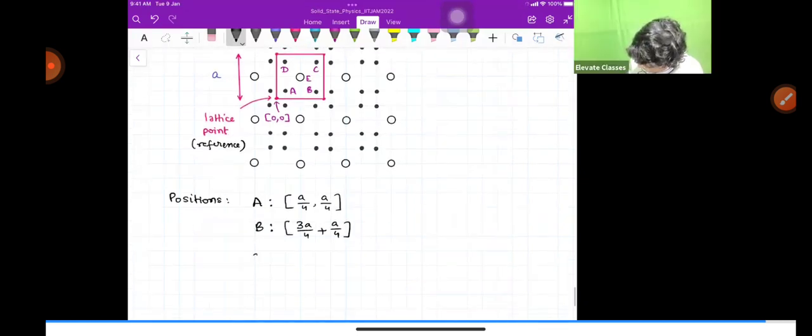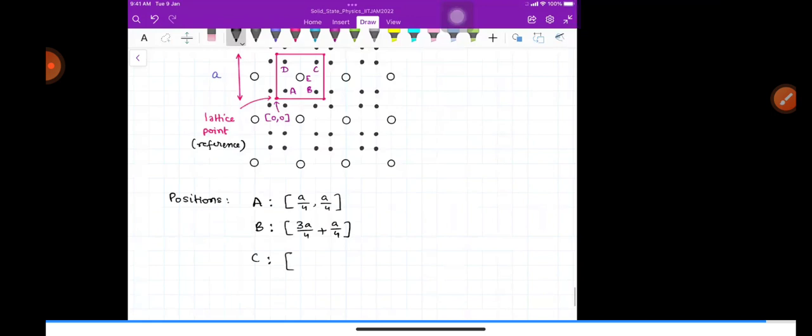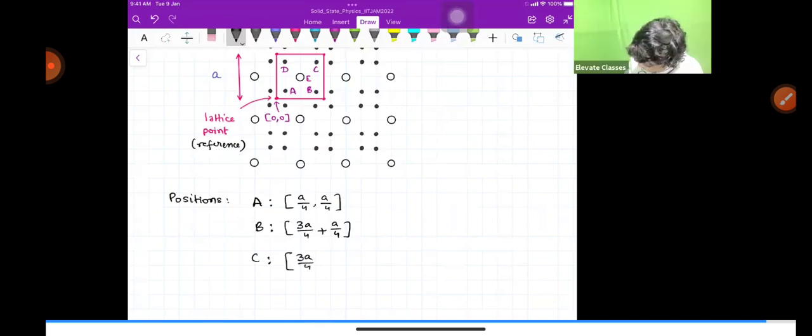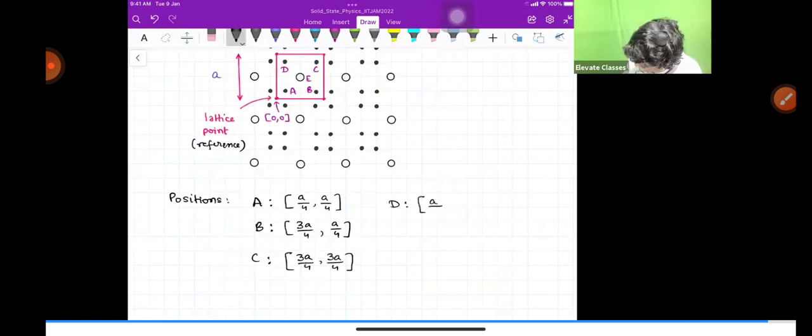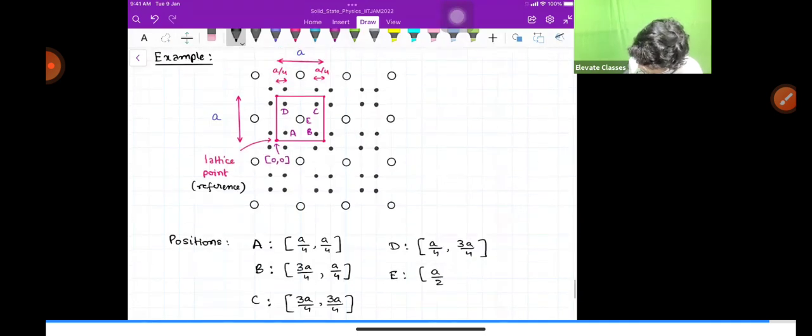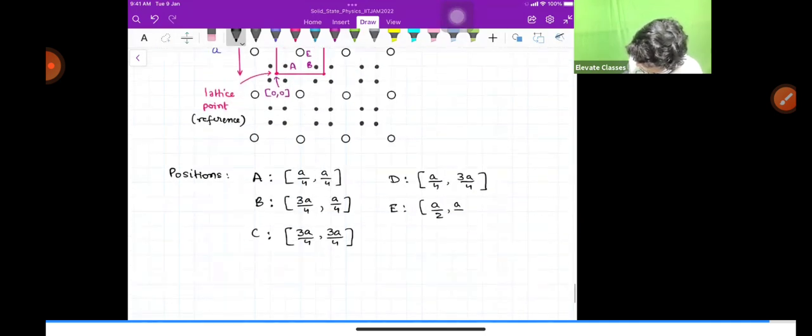Similarly, C क्या आएगा? 3A by 4, comma 3A by 4. कॉमा होगा यहाँ पे. ठीक है? D क्या आएगा? A by 4, 3A by 4, and E will be, E जो है A by 2 पे है, ठीक है? So A by 2, A by 2, ठीक है?